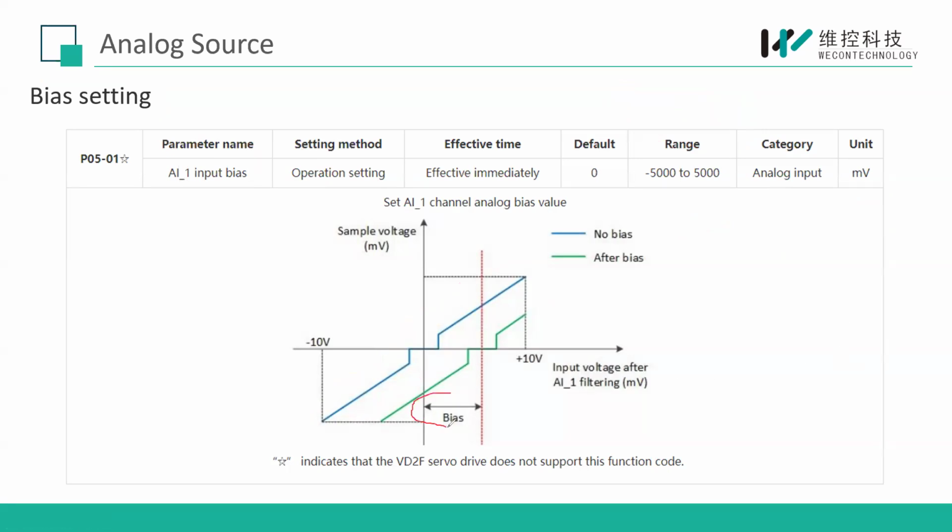You can see it is here. And for input voltage, for example, if this point is maybe 50 mV, we need to set this parameter as negative 50.